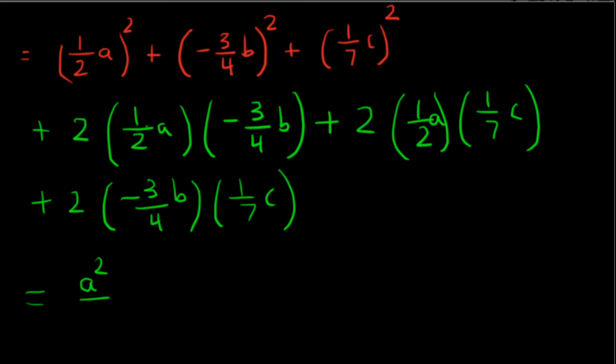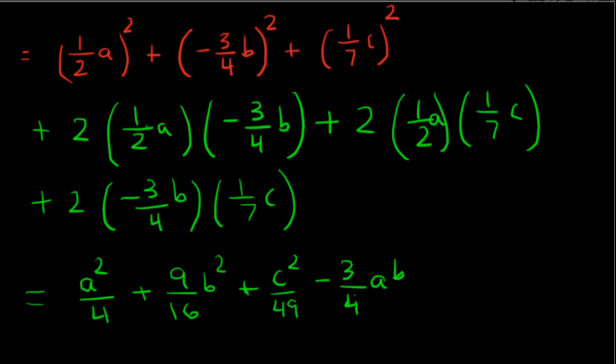And when we do that, we get a squared over 4 plus 9 over 16 b squared plus c squared over 49 minus 3/4 ab plus ac over 7 minus 3 over 14 bc. And that's my final answer.